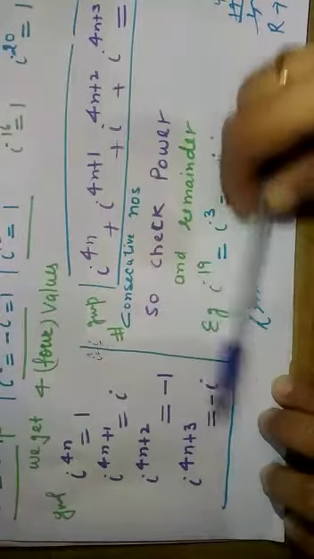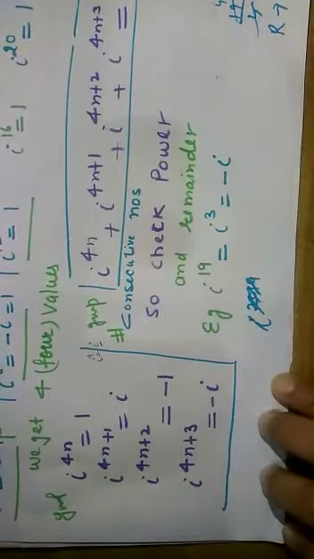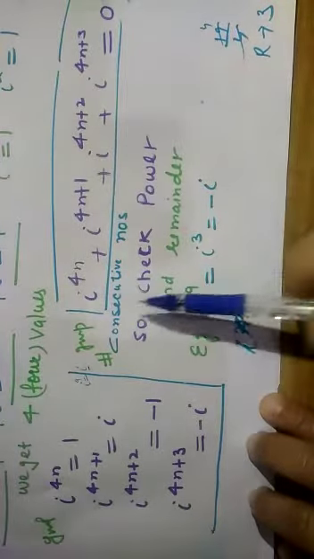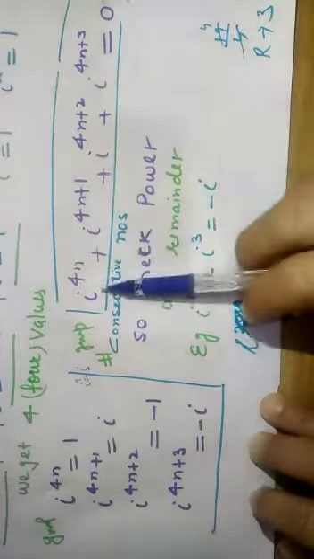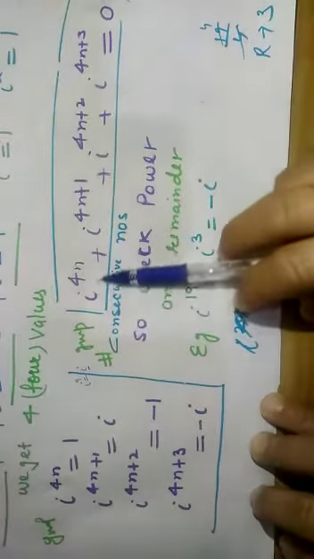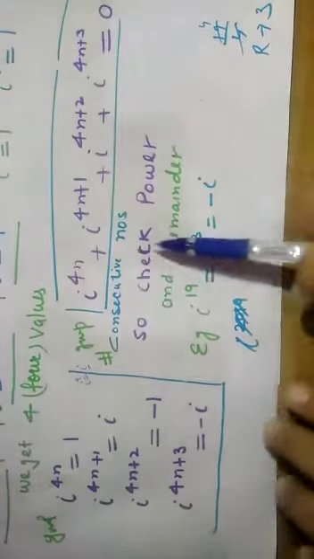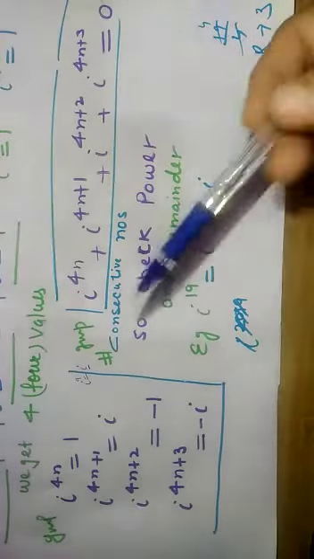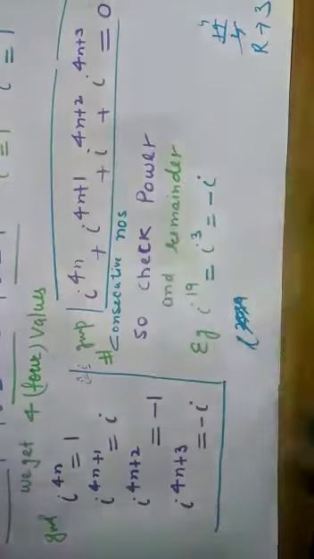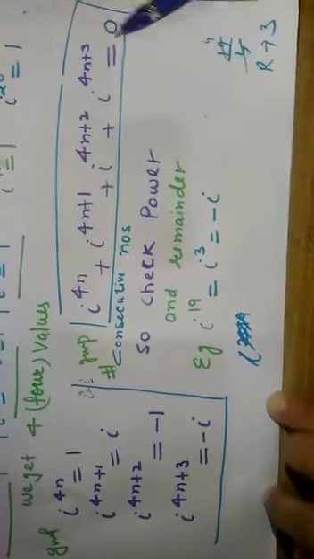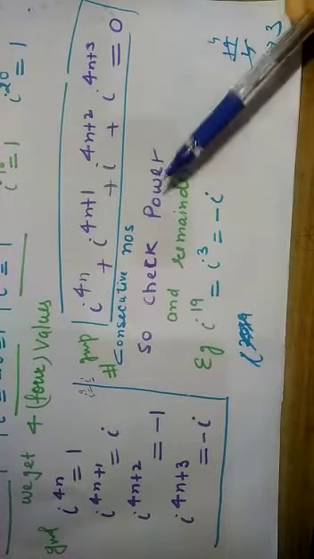To understand this concept deeply, let me take an example. You can also check these iotas as I have written over there. These are consecutive numbers. It means the sum of any consecutive powers of iota, following one another, gives me the result 0. This is a standard result which we can use to solve the question also.